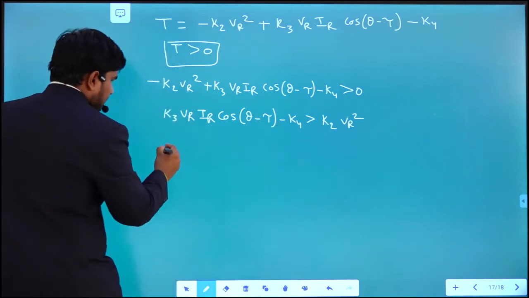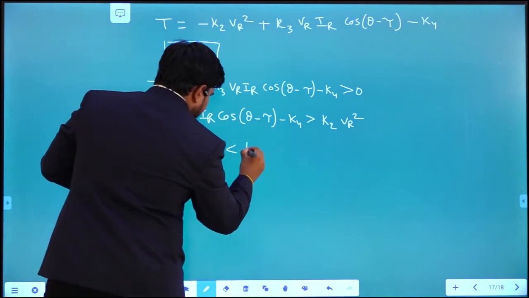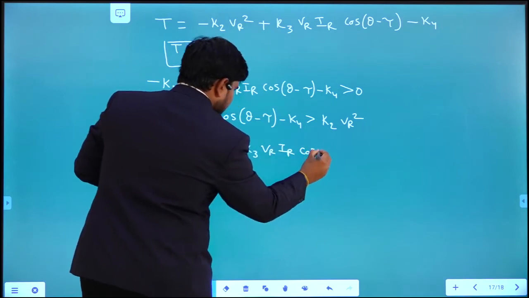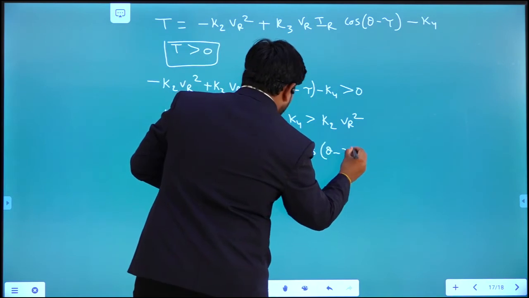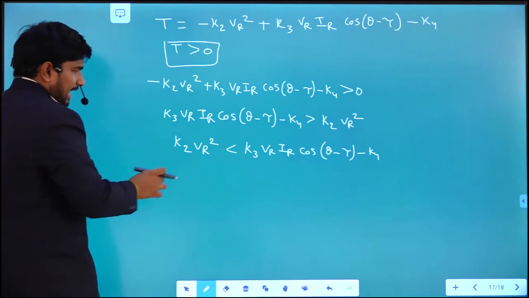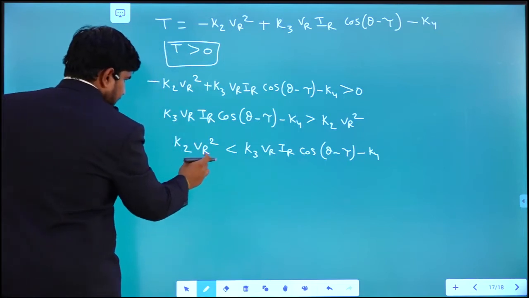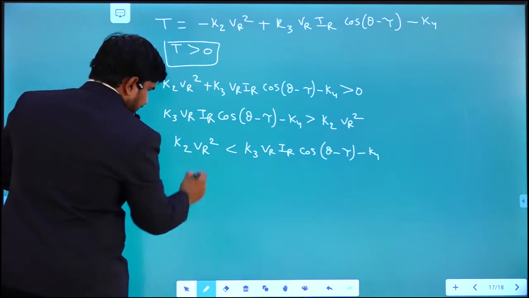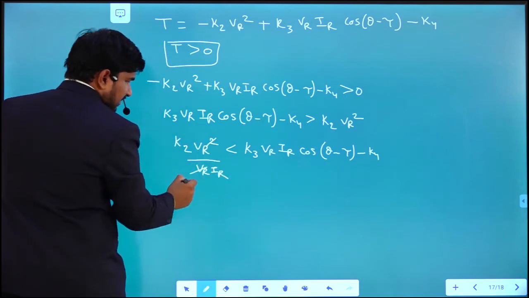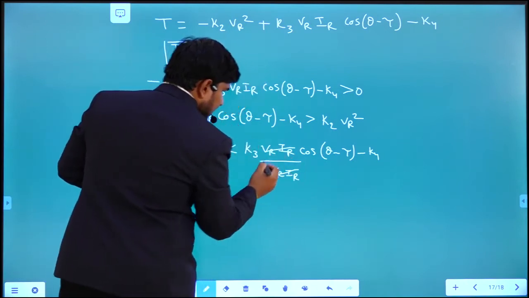Now I am rearranging these terms such that K2 into VR square is less than K3 VR IR cos of theta minus tau minus K4. Now I am just dividing both sides with VR and IR, so one term will be cancelled out.